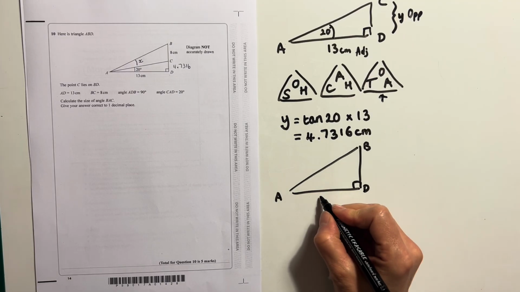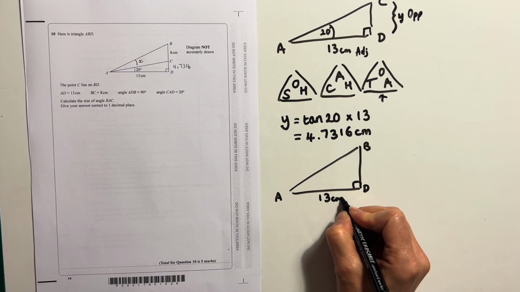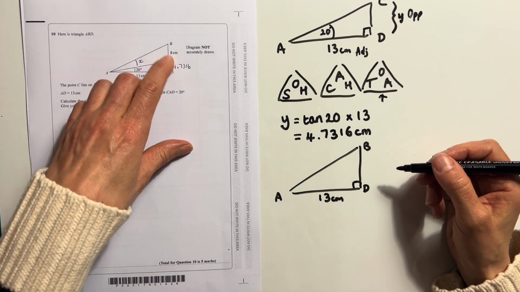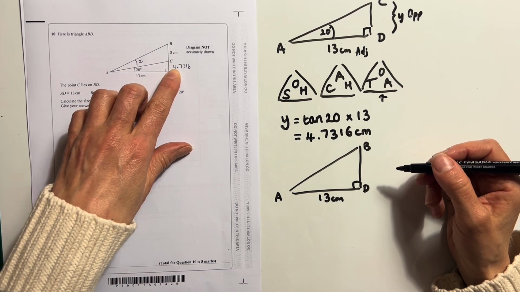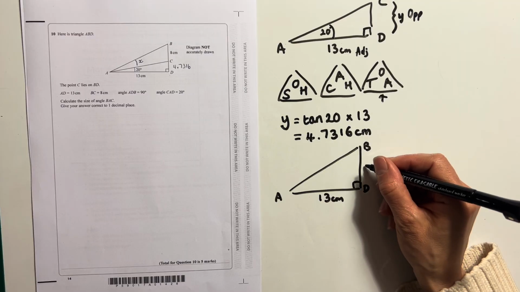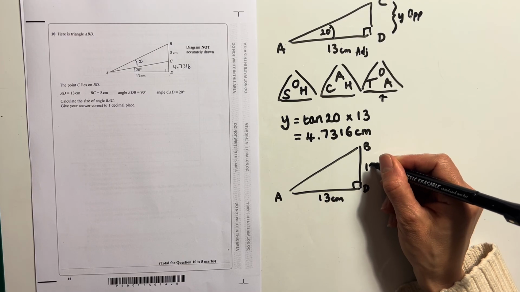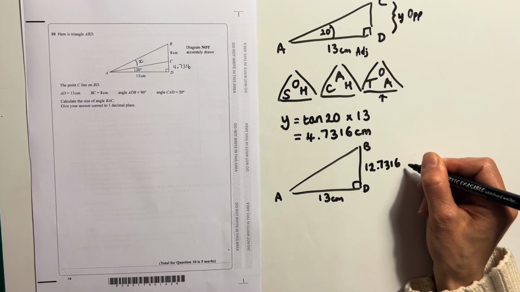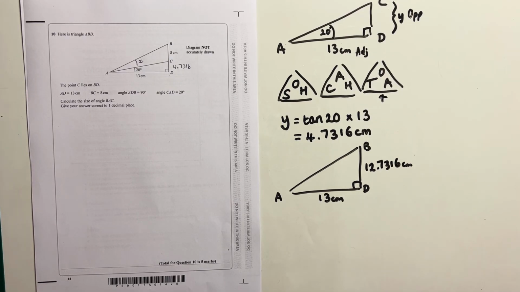So again, we know that this bottom length is 13 centimetres, and we now know that BD is 8 add the 4.7316 that we've calculated. So that's going to be 12.7316 centimetres.